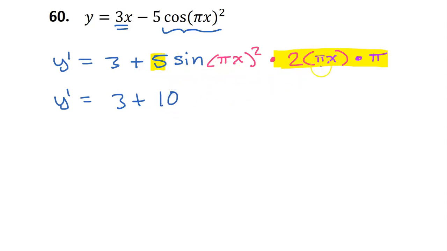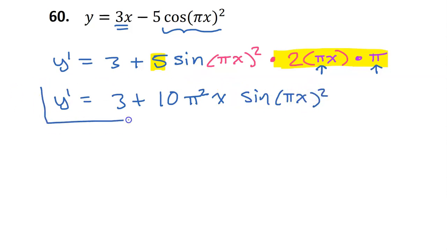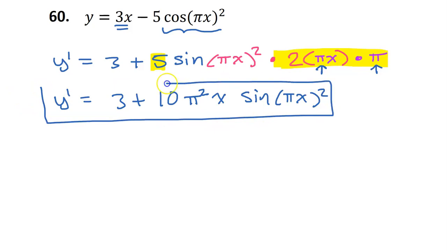But then I've got a pi here, and I've got another pi there. So that's going to be pi squared. And then we've got the x sitting there. So I've got 10 pi squared x, all of that in front of sine pi x squared. So this would be a decent version for your answer.